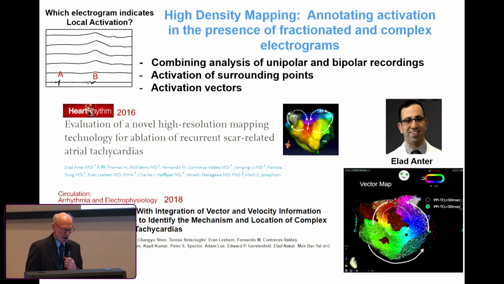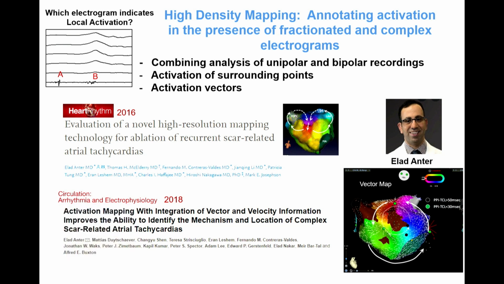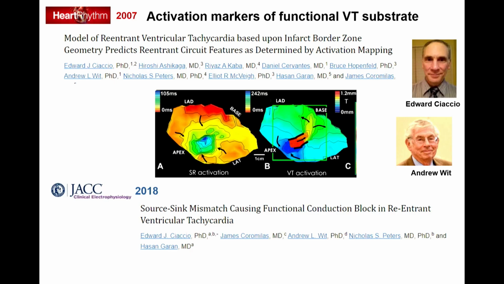The development of these high-density mapping systems allowed further refinements in substrate mapping, and Elad Anter came up with the concept of reentry vulnerable zones, areas of slow conduction and abnormal conduction that can be identified by pacing during sinus rhythm, or changing the activation sequence during pacing, and showed that targeting these areas was often effective for reentry.